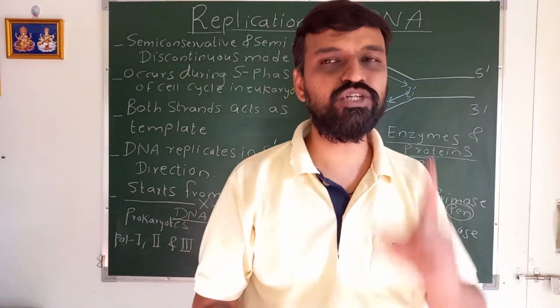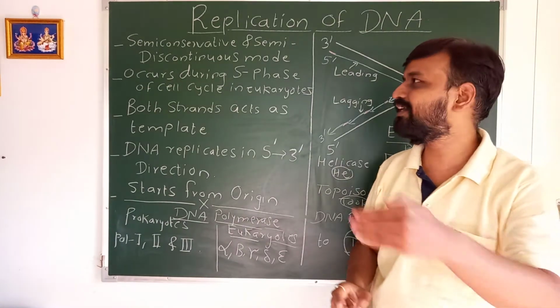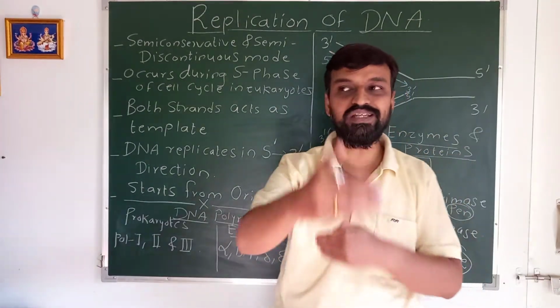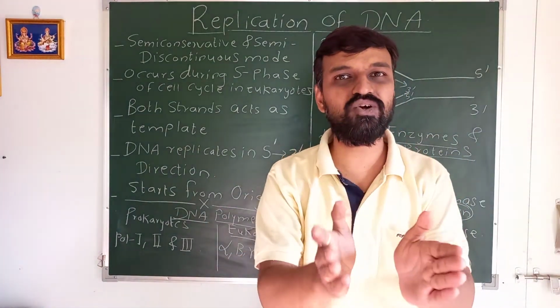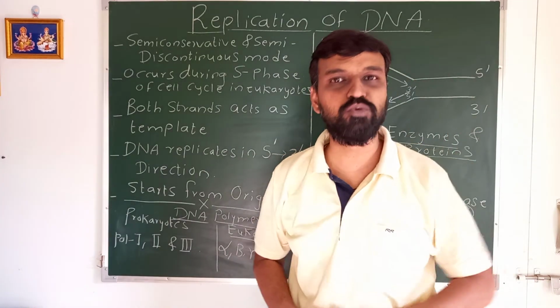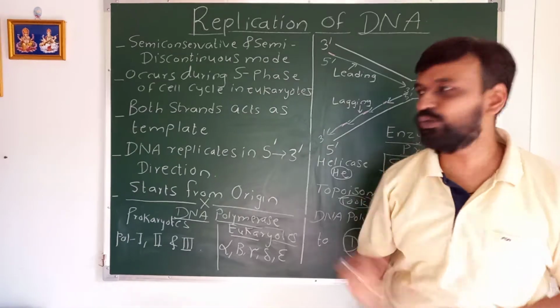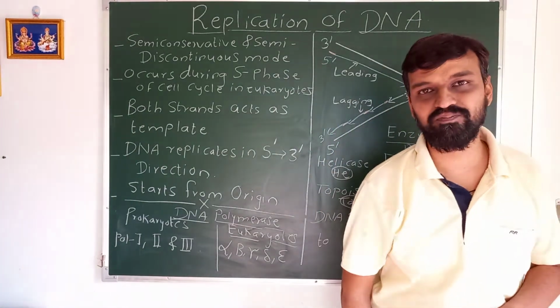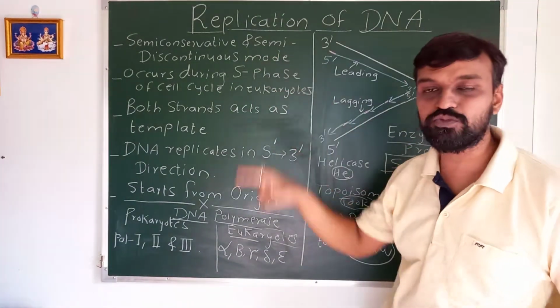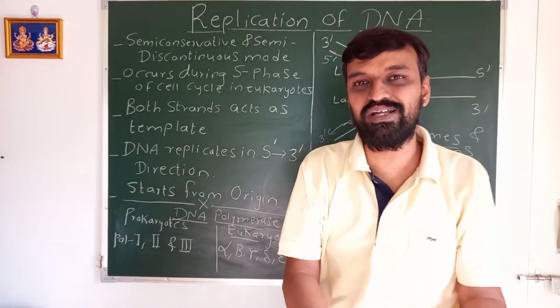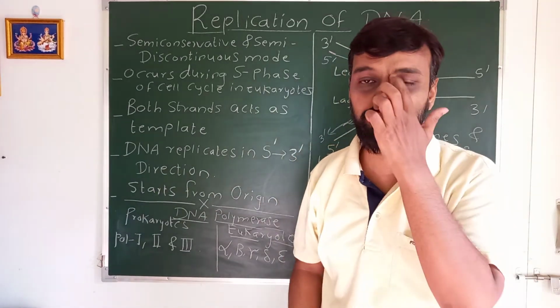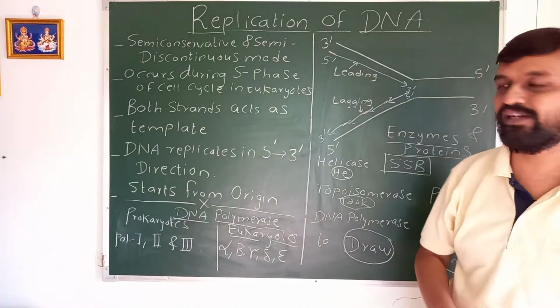The replication in which one strand is conserved and one is newly formed is called the semi-conservative mode of replication. The second one is the semi-discontinuous mode. Why it is called semi-discontinuous, I am going to explain during the discussion of the diagram.